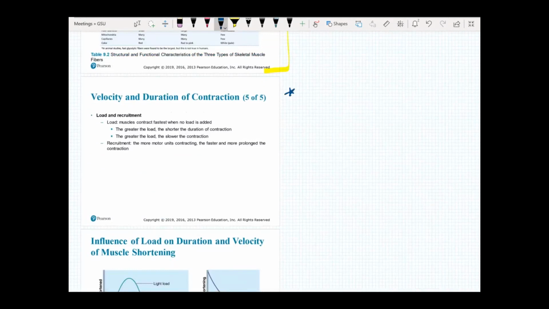So what these mean with load and recruitment, essentially the muscles contract faster with no load. So if you're not carrying the refrigerator up the stairs, you'll move up the stairs quicker. Your muscles will actually contract faster without a load.